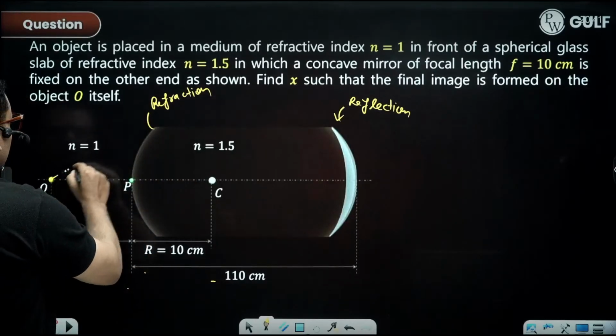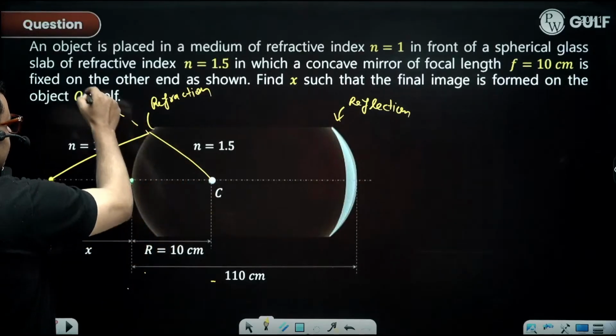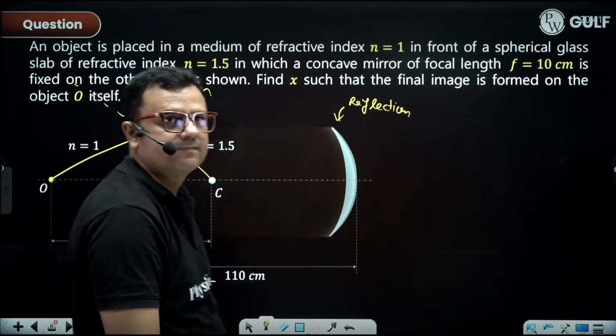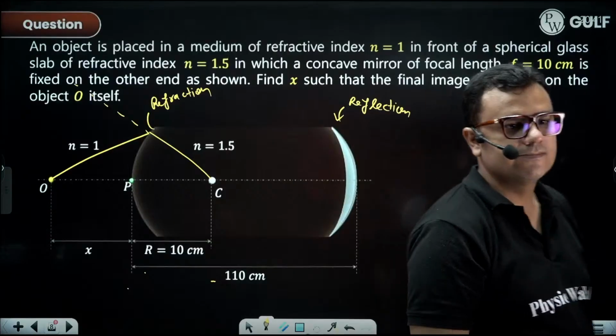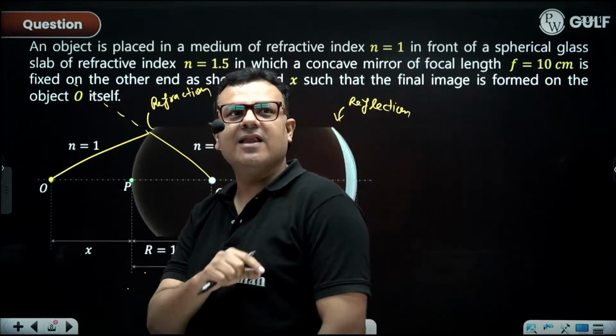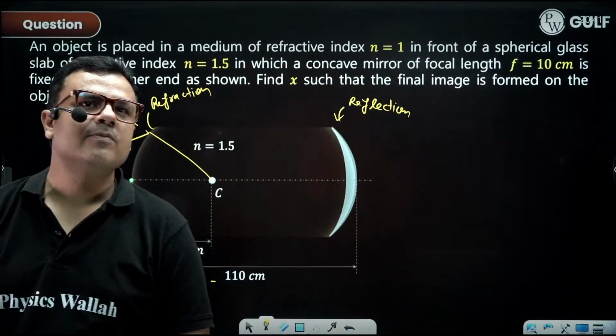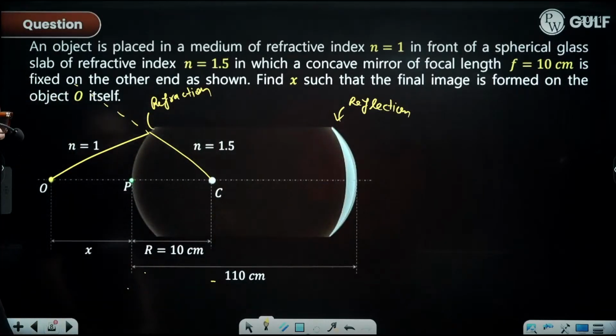Somehow, if the ray goes over here, the image is going to be formed like this at the center. In a spherical medium, the image is going to be formed on the object itself.